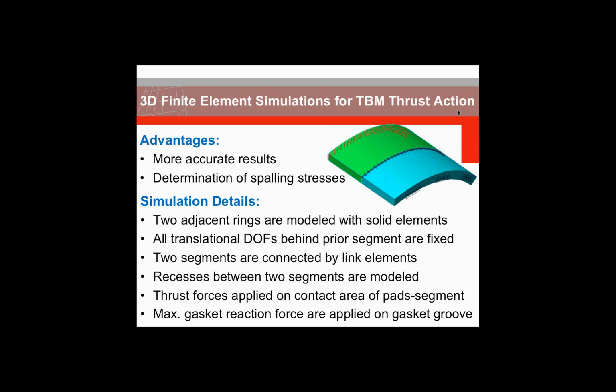As you can see in the picture, all translational degrees of freedom behind the prior segments are fixed. The two segments are connected by link elements, and recesses between two segments can be modeled. On the front face of the newly assembled segment, you can see thrust forces applied only on the contact area of the present segment. Another advantage is that you can also simulate the maximum gasket reaction force applied on the gasket grooves.